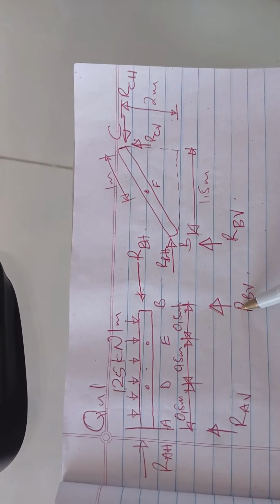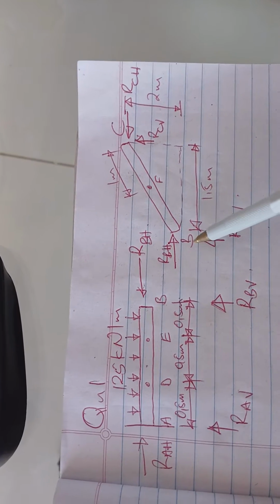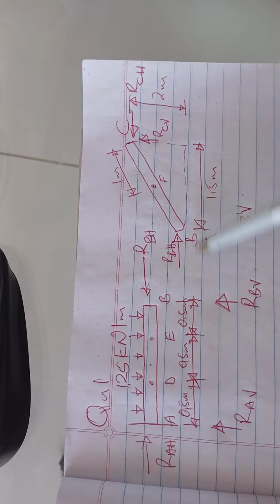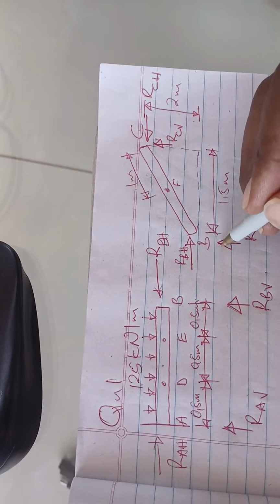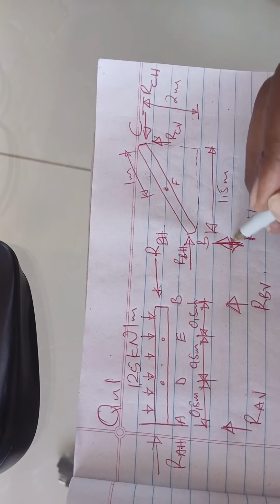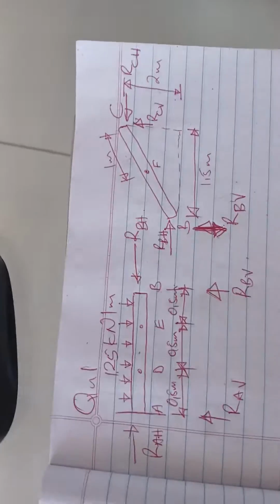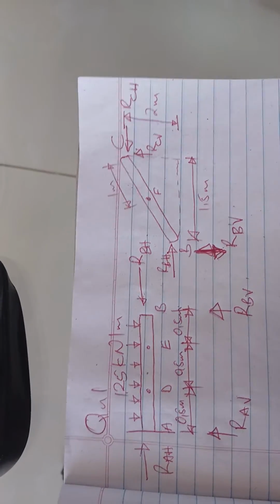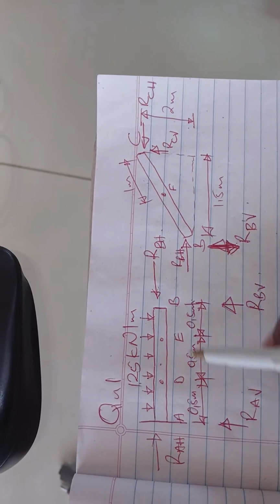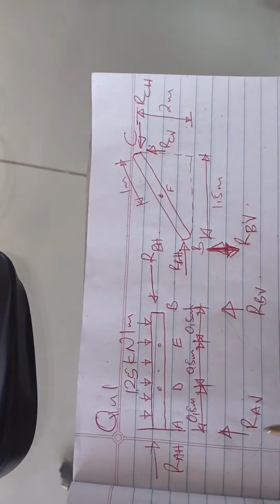So this RBV is equal to this RBV, but now for the sake of direction, according to Newton's third law of motion, our RBV, this one, will be pointing downwards. For every action there is an opposite reaction. Then we have our two equations that we need to derive for this, and then two equations also for this.